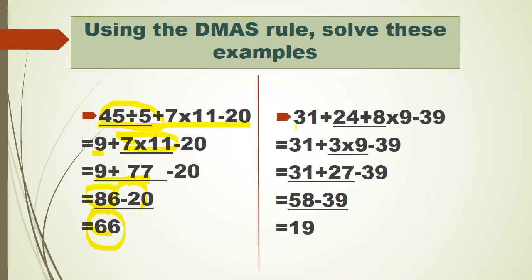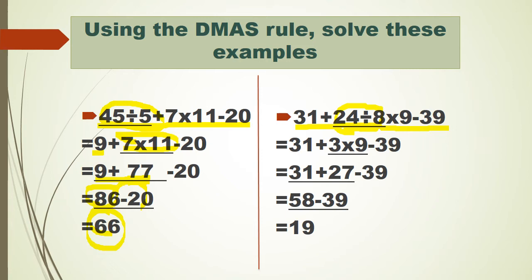Here is second example, 31 plus 24 divided by 8 multiplied by 9 minus 39. So it's also very easy according to DMAS rule. Firstly, we will do division. Divide 24 by 8. We get 3.